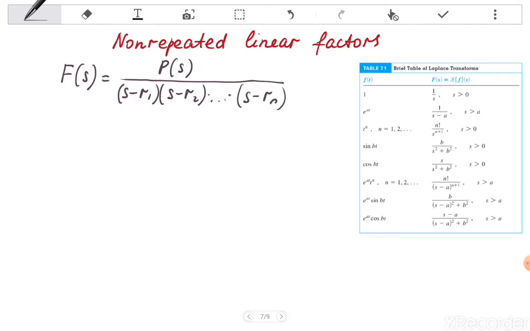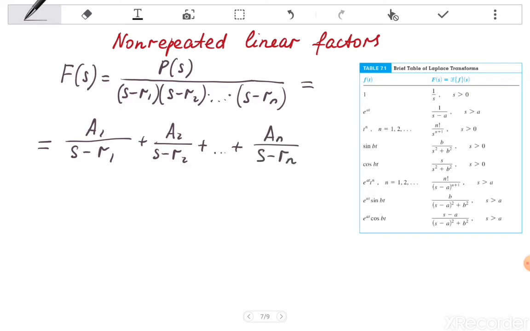So assume we have n linear factors in the denominator, and in this case we can always write this function as, say, a1 over s minus r1 plus a2 over s minus r2 plus so on, plus an over s minus rn, where the a's are numbers that we need to find.